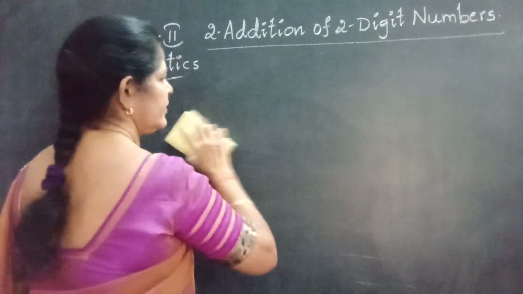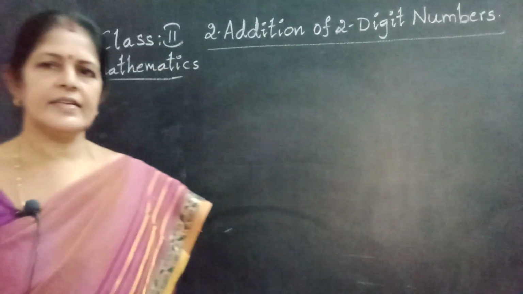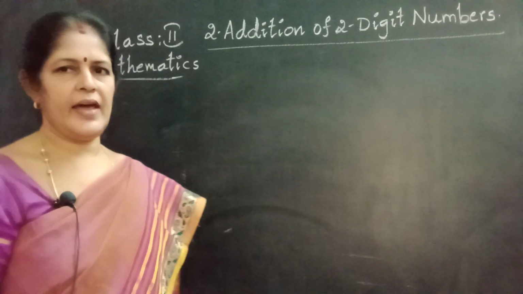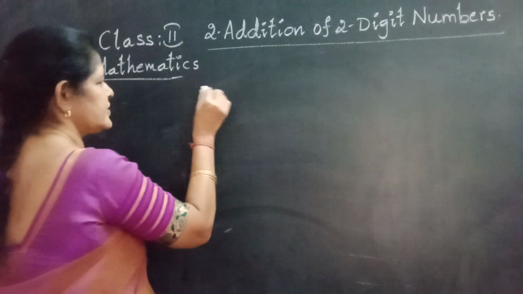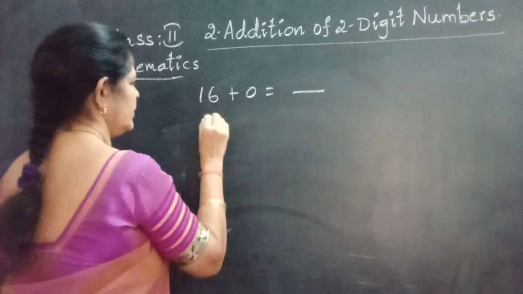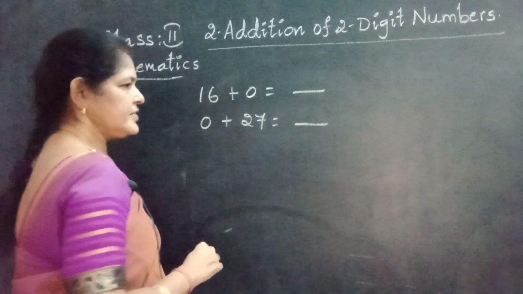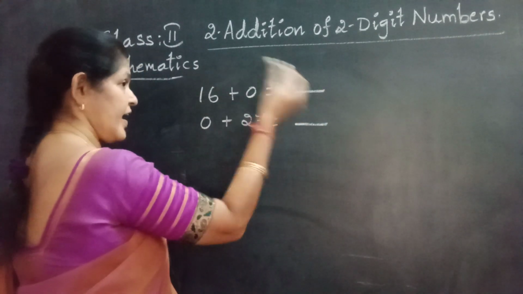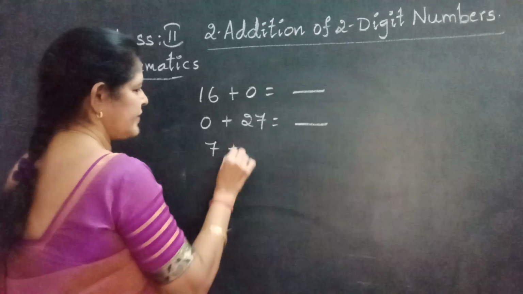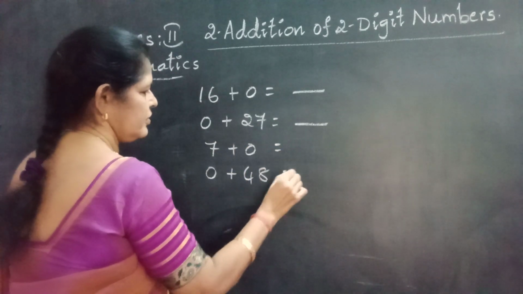If we add 0 to a number, we get the same number itself. See, 16 plus 0, 0 plus 27. What is the answer? Not 0. The same number. 7 plus 0 or 0 plus 48.